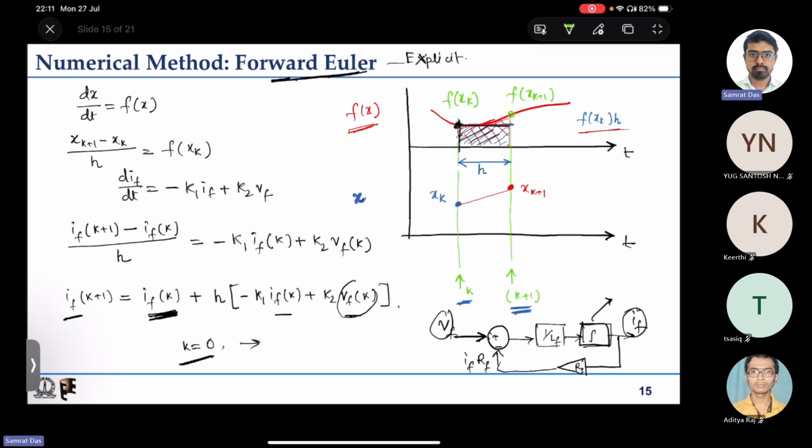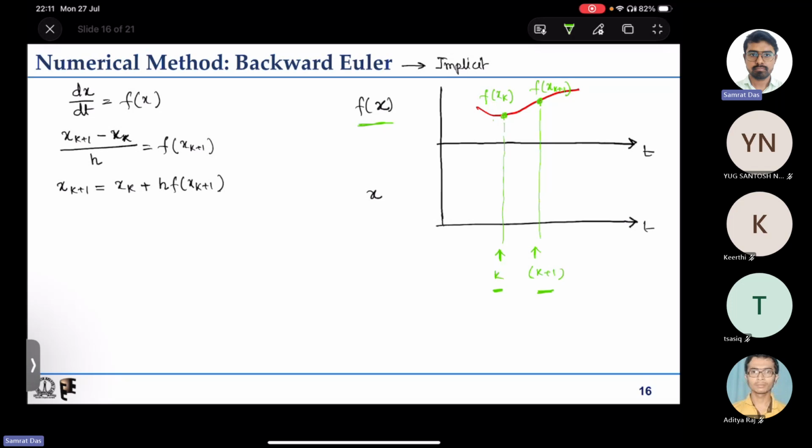During the integration, we need to assume some value of f of x. In the earlier case, we assumed the kth instant value of f of x and carried it forward. In this case, we will take the k plus 1th instant value of f of x and carry it backward.